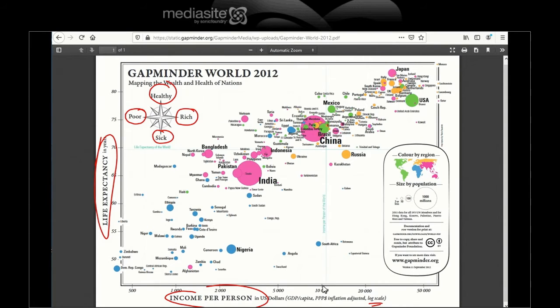So we got some poor, what they consider sick countries because of low life expectancies, and then we have the rich, high life expectancy countries. Surprisingly, the United States is in it. Ooh, near Monaco, Liechtenstein.